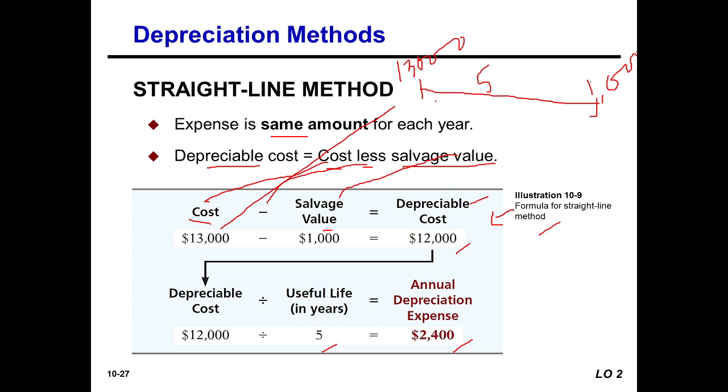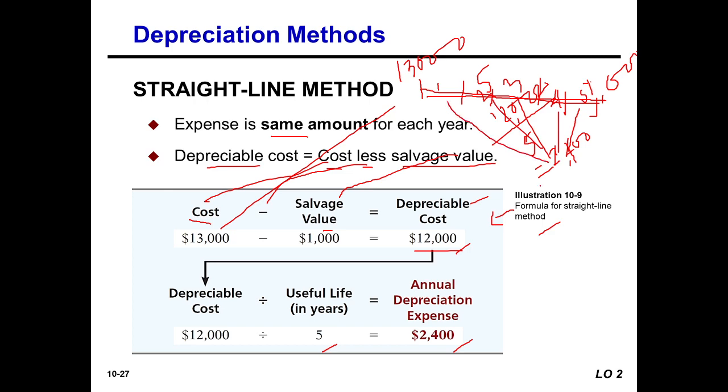So within 5 years our total depreciation is $12,000. If we divide by 5, it will be $2,400 for each year. This is the first year, second year, third year, fourth year, fifth year. Thus every year it will be 2,400. I think everybody is clear. Move to the next slide.